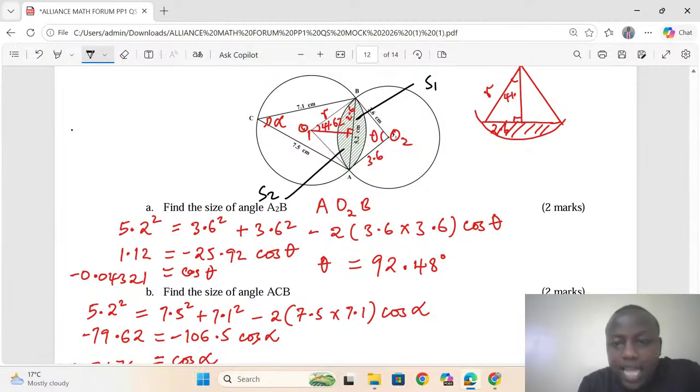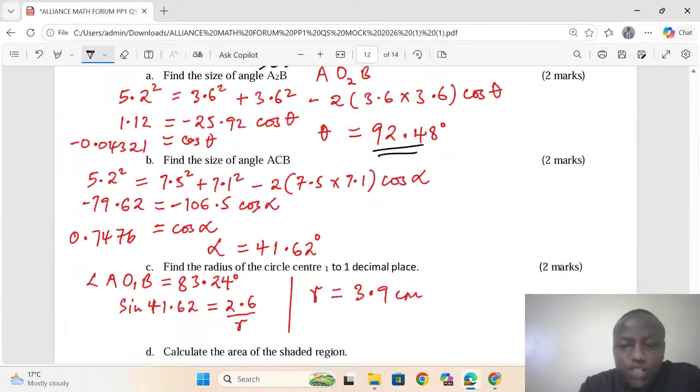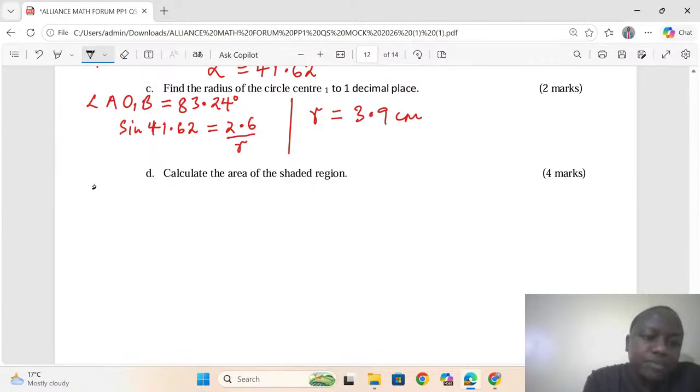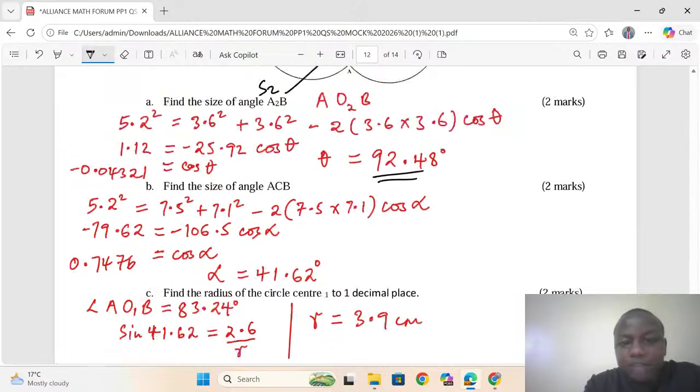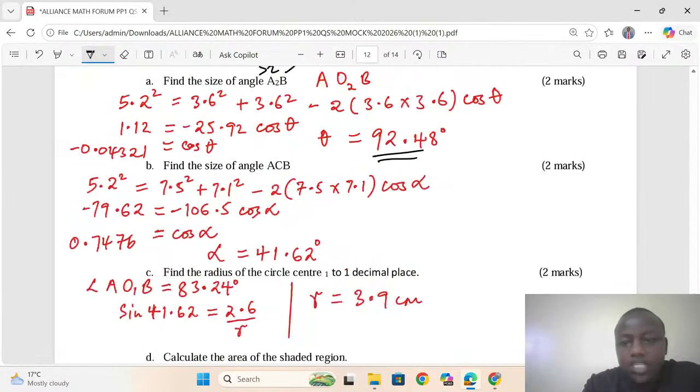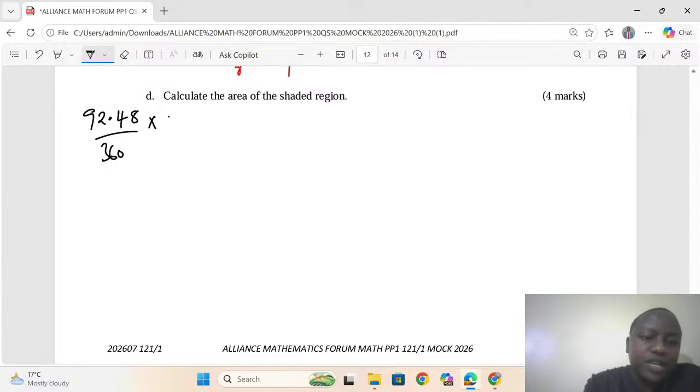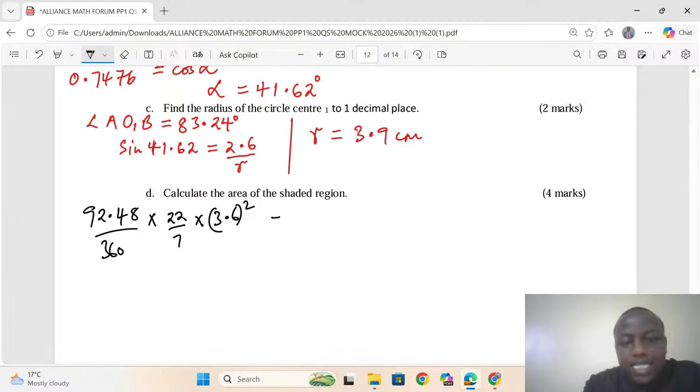Therefore, the angle at the center 2 is 92.46. So theta, 92.46, out of 360. Theta over 360 times pi. Which pi have we been advised to use? No instructions about the pi, so we can use 22/7. A radius of 3.6 squared, minus the triangle.